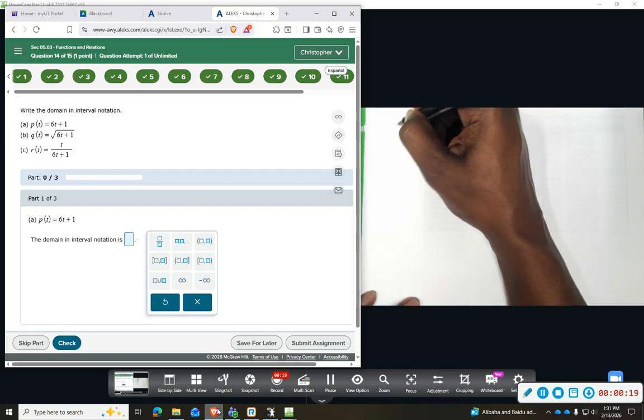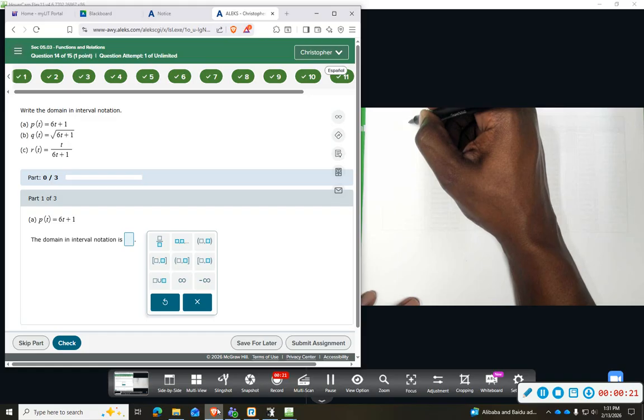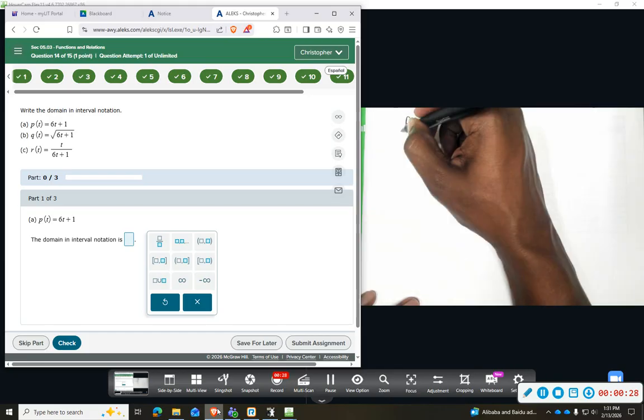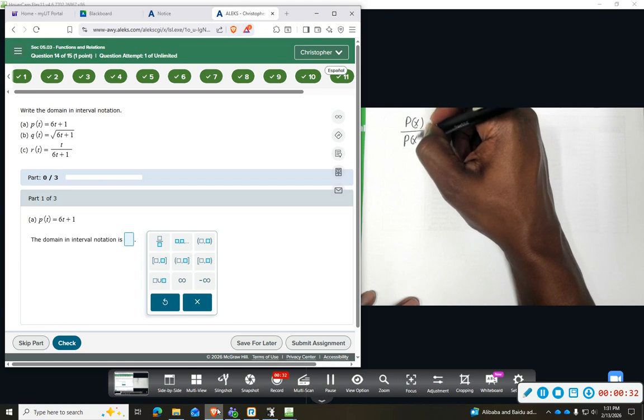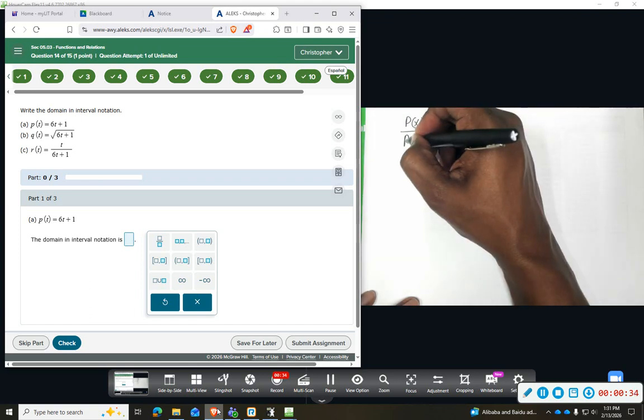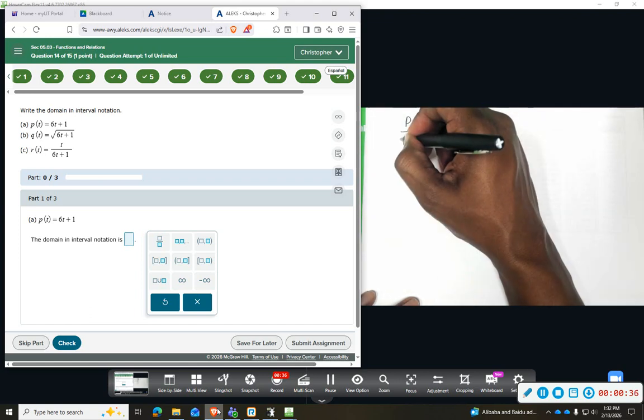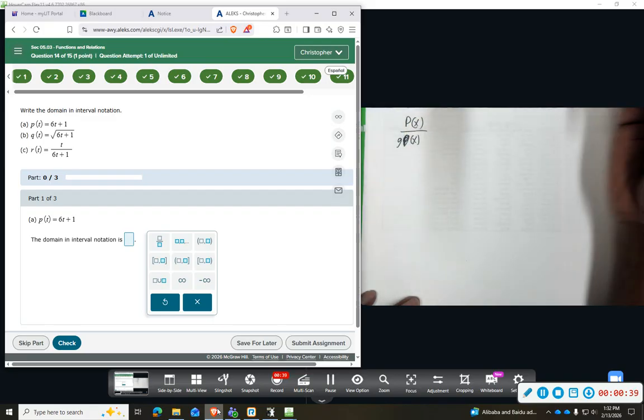Okay, so first, one problem is if we have a fraction. So usually we'll write it like p(x), it could be some function over some other function. Okay, let me say g(x), for example. It doesn't matter.